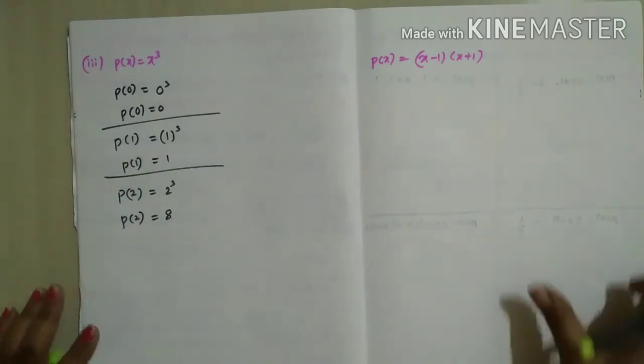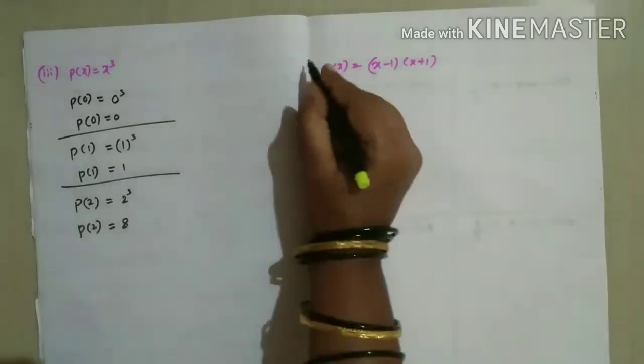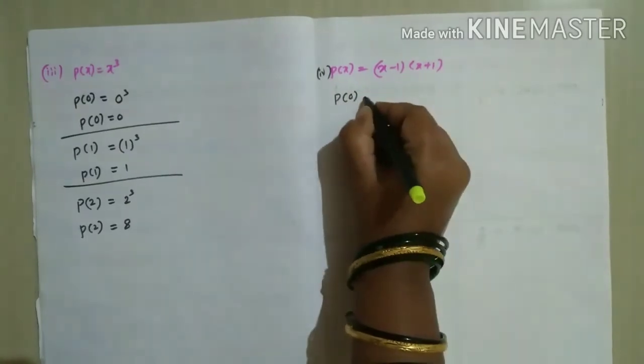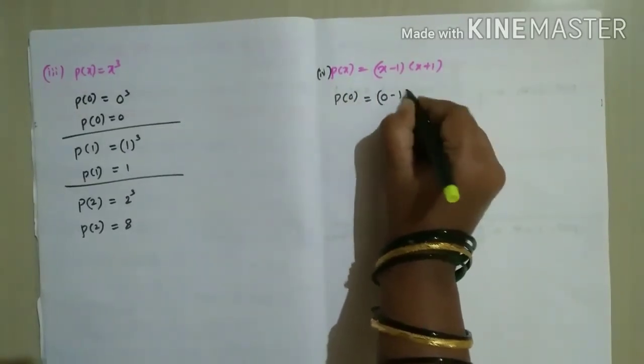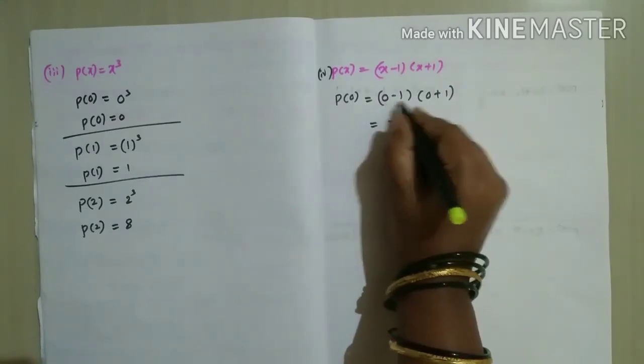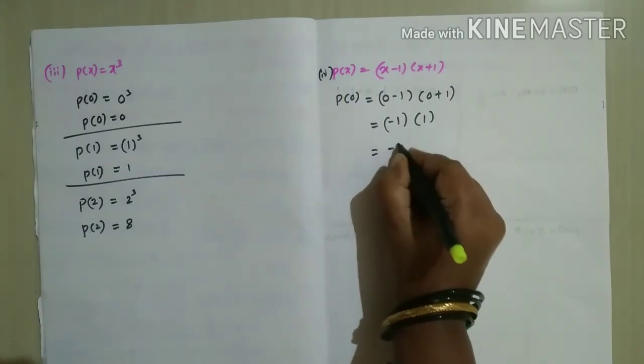Now we'll see the fourth sum. What they have given. This is the fourth one. In the fourth one, this also you should find P of 0. Here 0 minus 1, 0 plus 1. It will become minus 1. Because 0 minus 1 is minus 1 only. It will become plus 1. Plus 1 into minus 1 is minus 1.